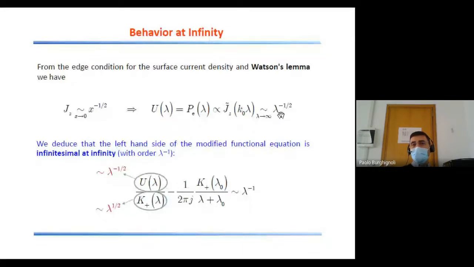So we know the order of asymptotic decay of the spectrum at infinity.